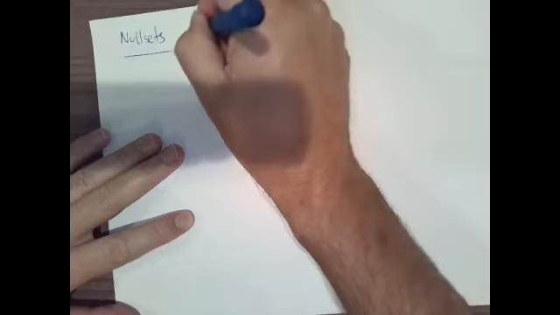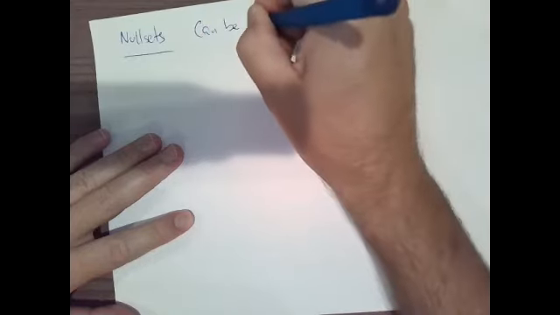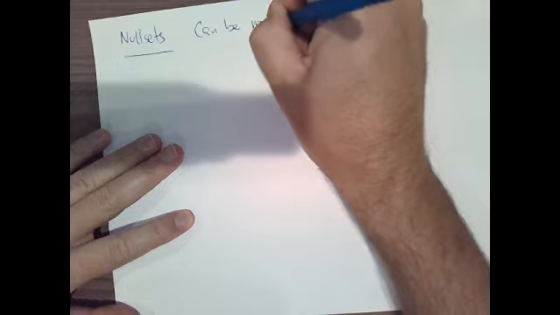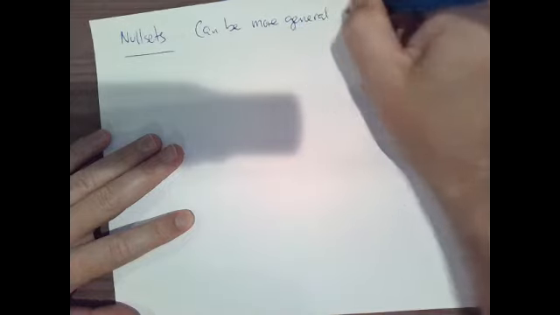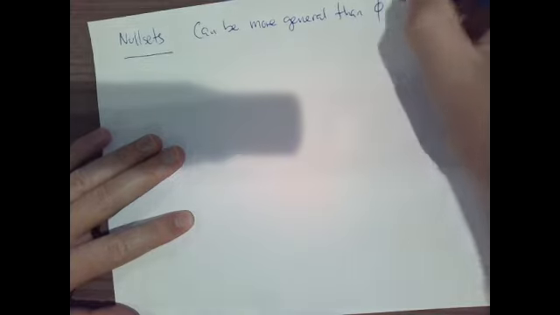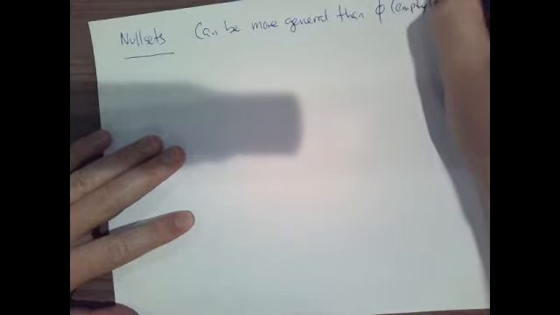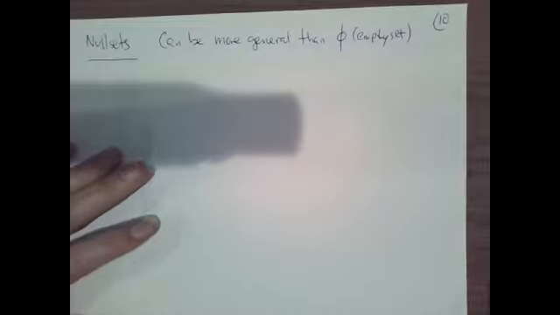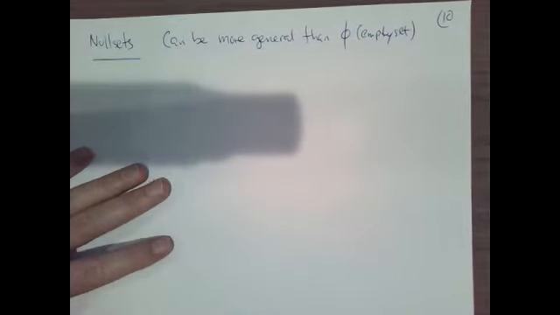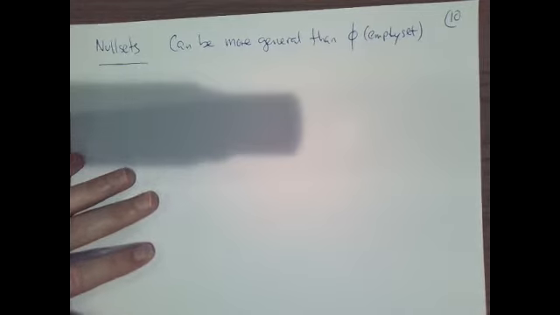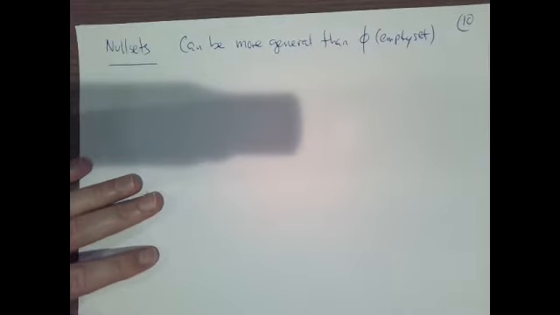So, null sets. They can be more general than the empty set. They can be non-empty. The formal definition of a null set is as follows.